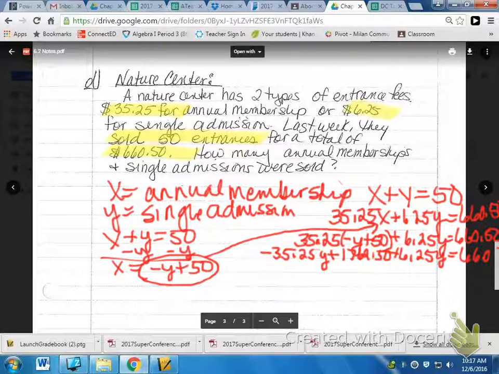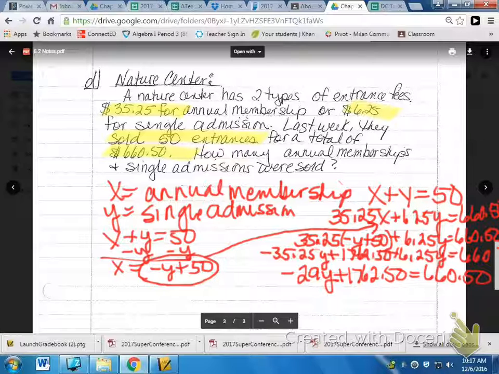Combine my like terms, the two Y's. It is negative 29Y plus 1762.50 equals 660.50. So I'm just following basic steps to solve an equation.